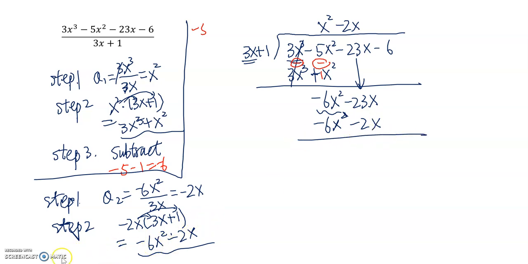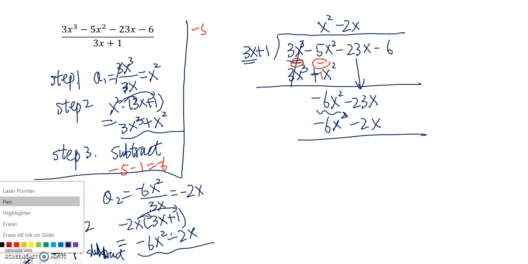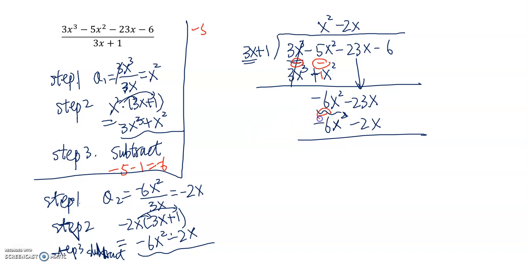So step 3 will be subtract again. When we do subtraction here, let's put a minus sign to remind us we need to do subtraction right here. The -6 minus -6, they also cancel out.